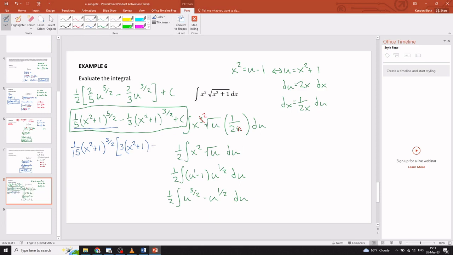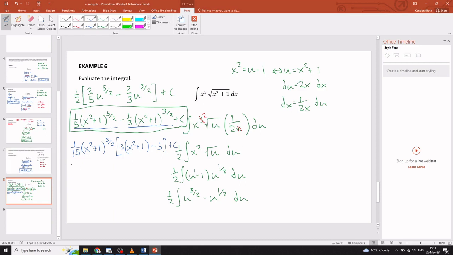Minus, and then when we factored the GCF out of this, what's left? Well, 1/15 times what is 1/3? That's going to be 5. And we factored out the entire x squared plus 1 to the 3/2, so that's gone. So it's just 5.